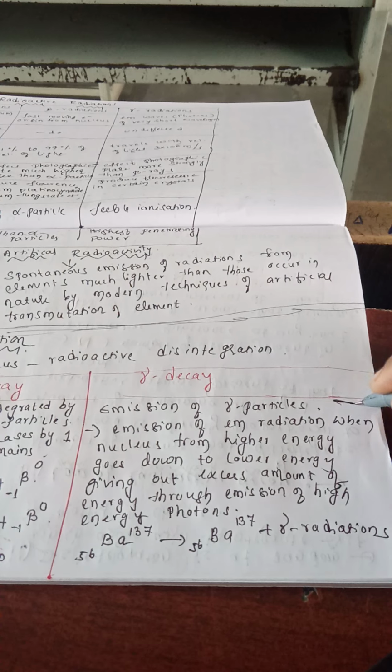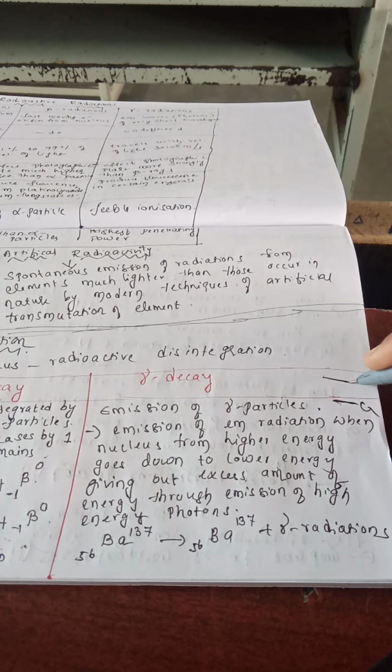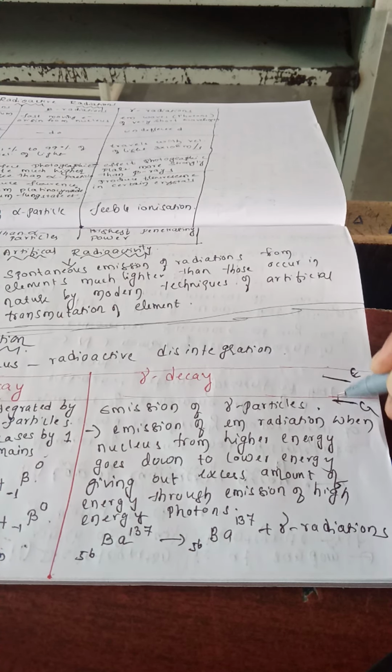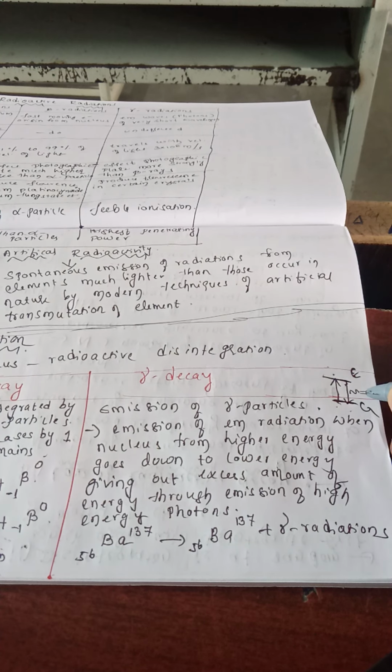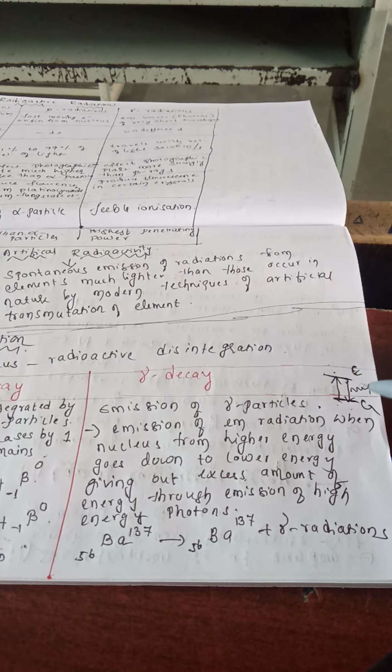Now if this is the ground state and this is the excited state, first the element moves from the ground to the excited state. As the excited state is unstable, it returns back to the ground state. While returning, it releases powerful radiations. We call them gamma radiations.